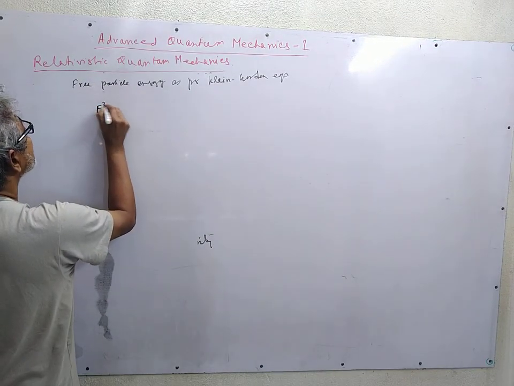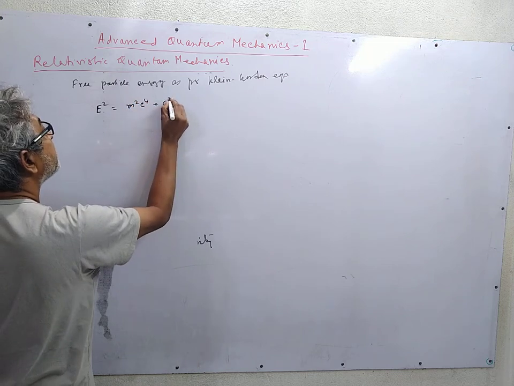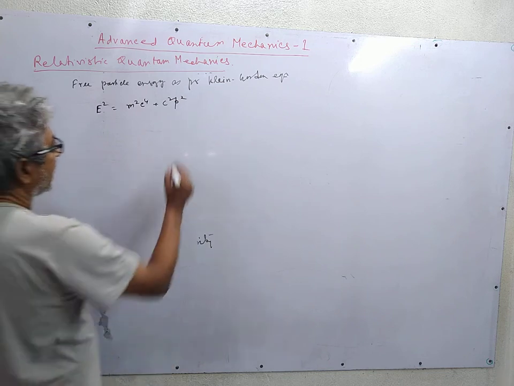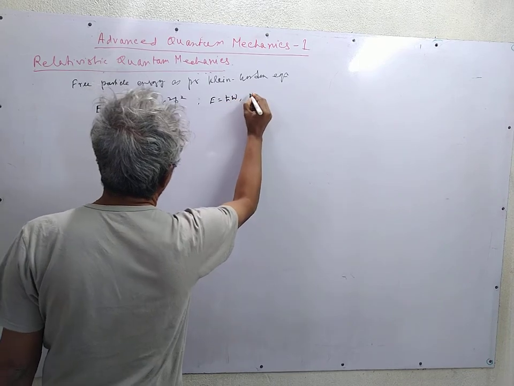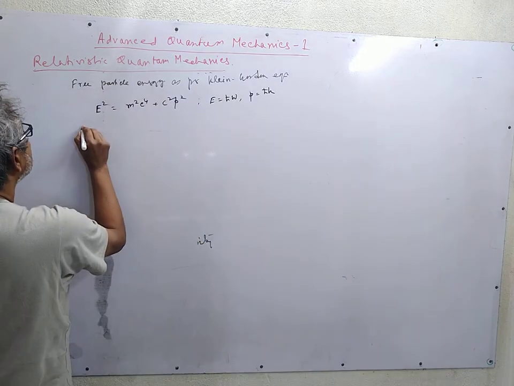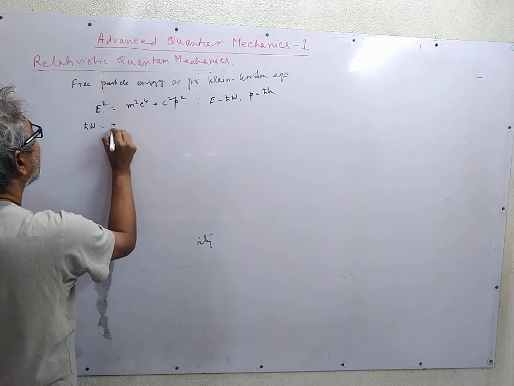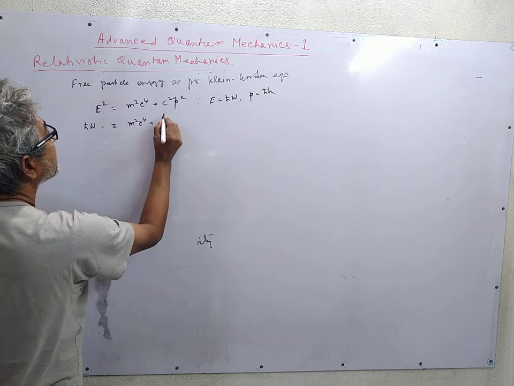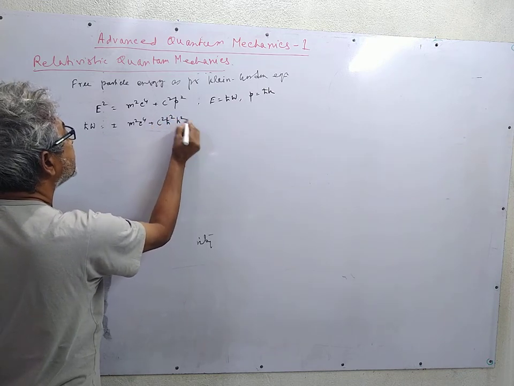We have E square is equal to m square c to the power 4 plus c square p square. If we replace E by h cross omega and p by h cross k, we get h cross omega is equal to plus minus square root of m square c to the power 4 plus c square h line square k square.